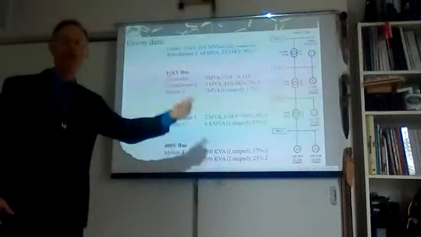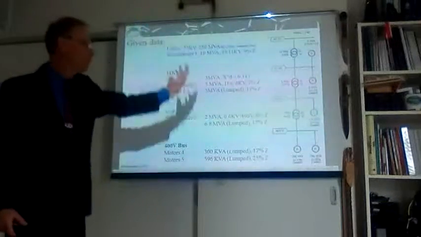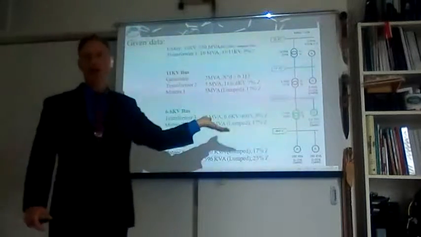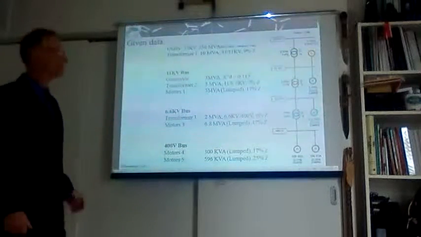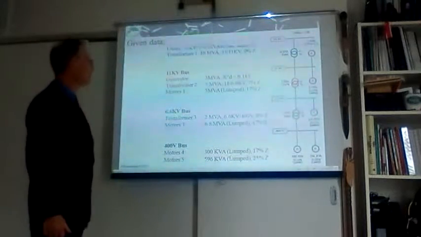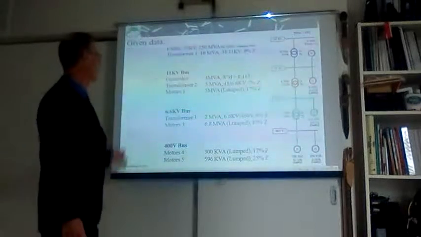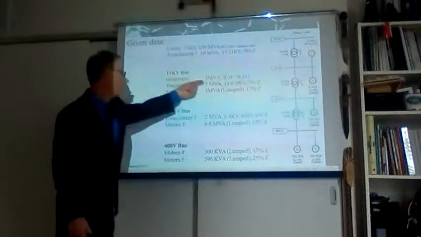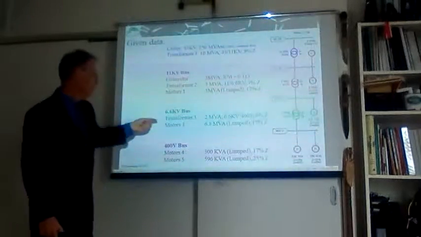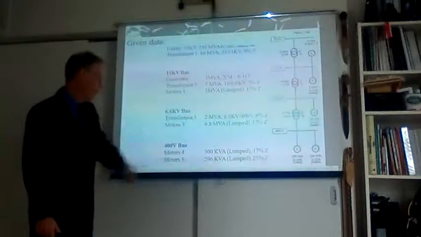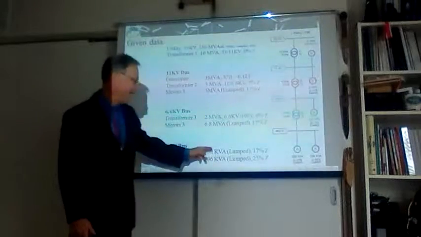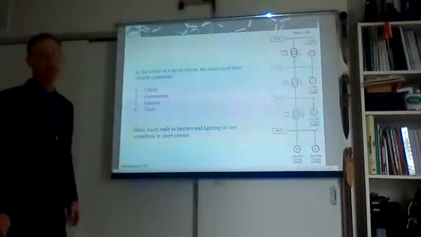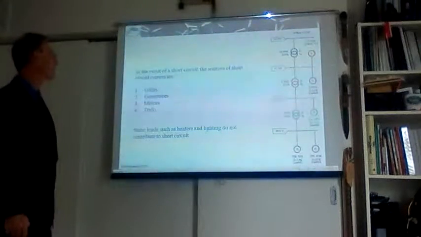We have to account for both of them: the one that goes down and the one that will respond and go back. So each generator, transformer, and motor has its own size and internal impedance.